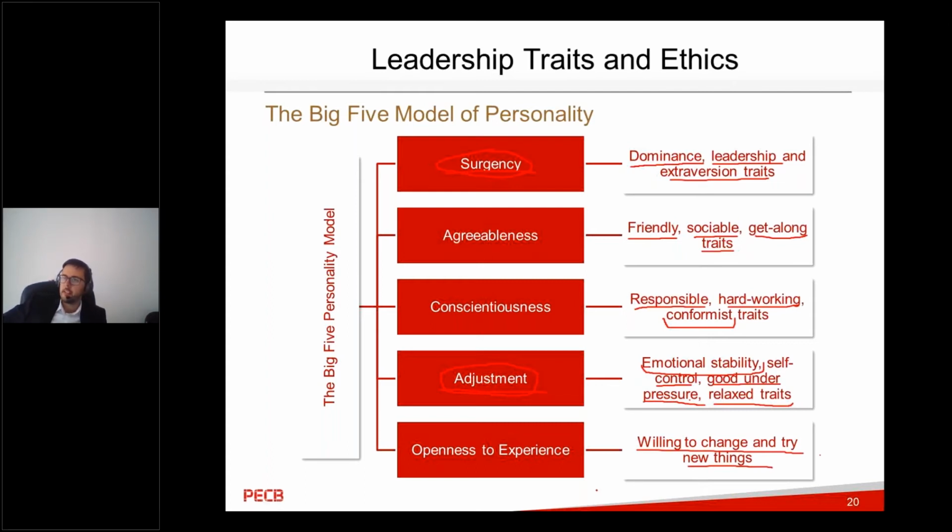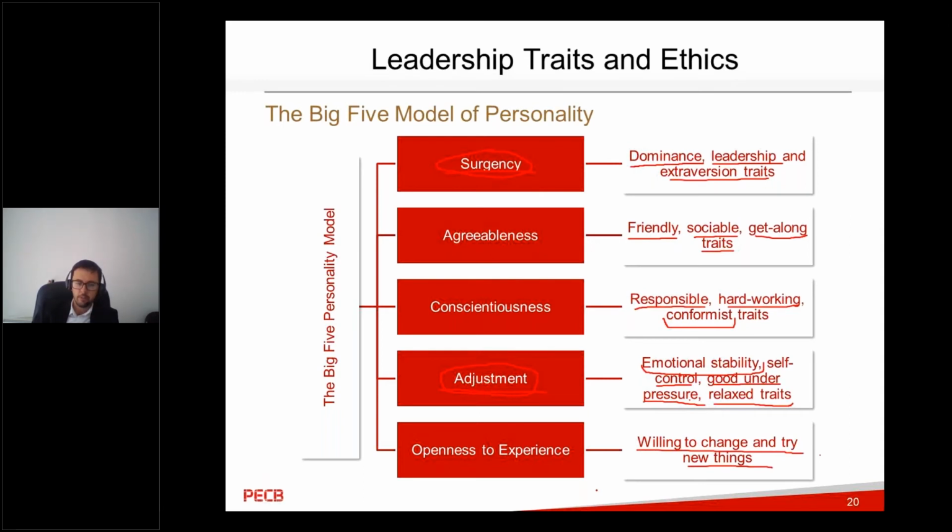In that sense, there is no strong correlation between agreeableness and successful leaders. It is only 0.08, or only 8%. Whereas when it comes to emotional stability, or the adjustment that we have here, there exists a negative correlation of minus 0.24, so minus 24% correlation, which is negative.